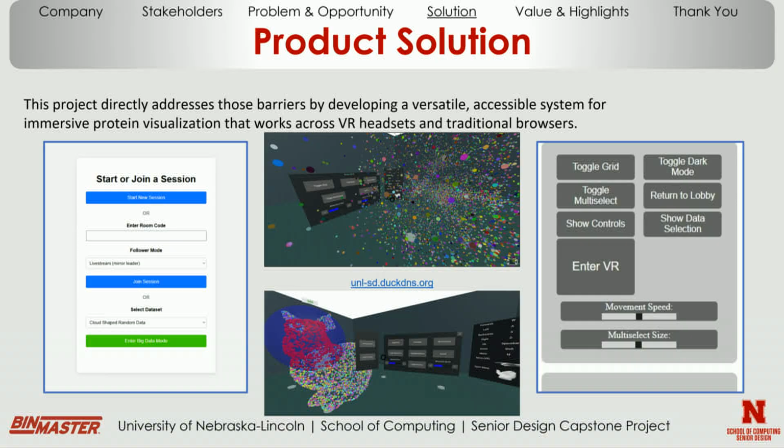But when you enter the app, that menu will appear on the right side of the app as well. In the bottom center picture, we have this rabbit example. That's from our big data mode, the one we developed that supports the 1.2 million data points like Sky was talking about.